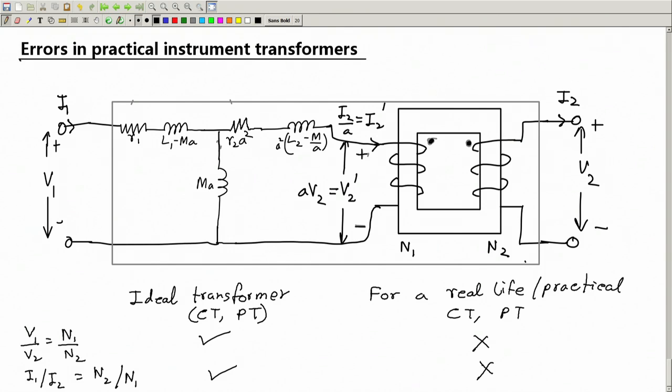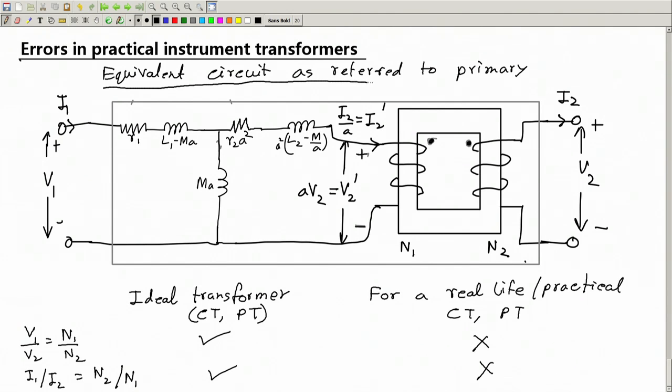The way to analyze a practical transformer is to model it with an equivalent circuit like this. This is called the equivalent circuit as referred to the primary side. The equivalent circuit is not unique, you can have many different equivalent circuits, but this is one of them.